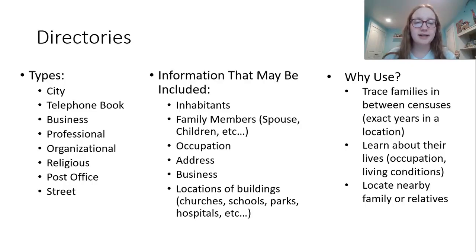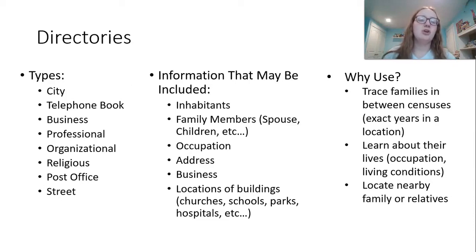Next up is directories. So there are many different types of directories. The most common one is a city directory, but there are also like telephone books, yellow pages, business directories, professional directories, organizational directories, religious directories, the post office directory, or the street directory.